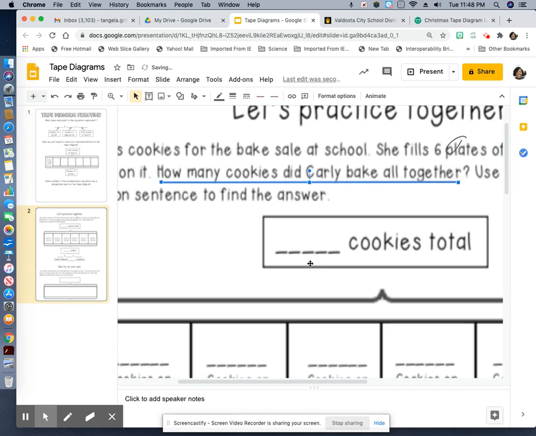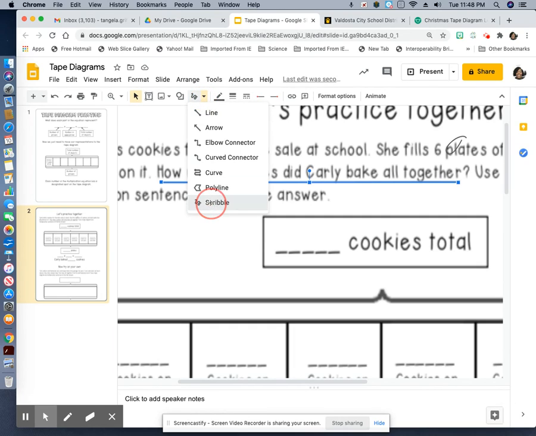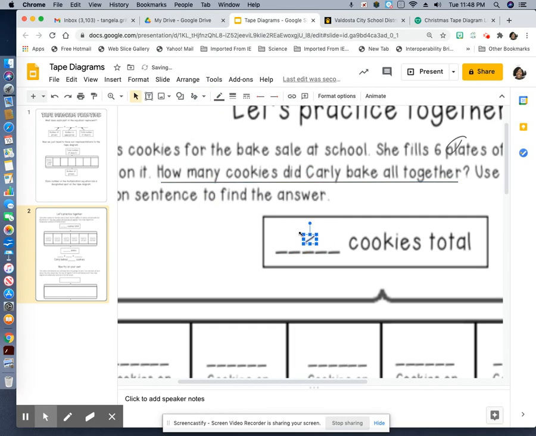Okay, so right now we can see that we don't know the total number of cookies. That is the unknown. Okay, so we will put a variable there. Okay, X. We don't know what X is.